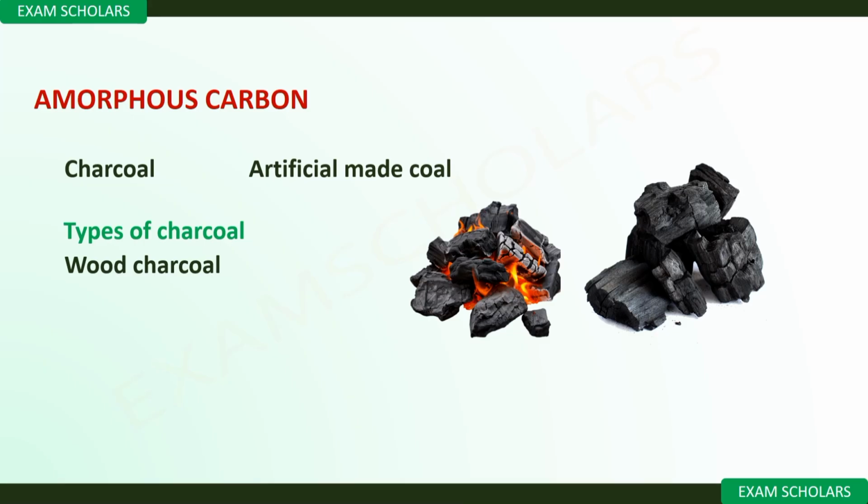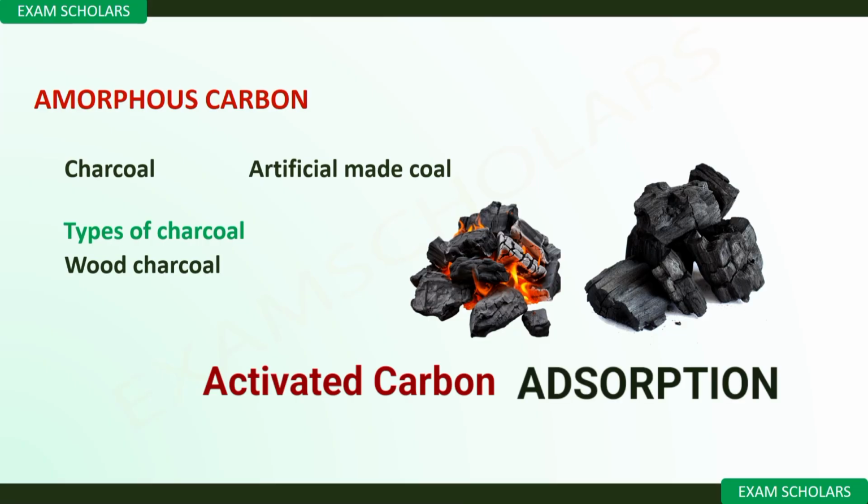It is a raw material for making what is known as activated carbon. Activated carbon can be used to trap gases, to trap poisonous gases. It does so by a process that is known as adsorption, not absorption.